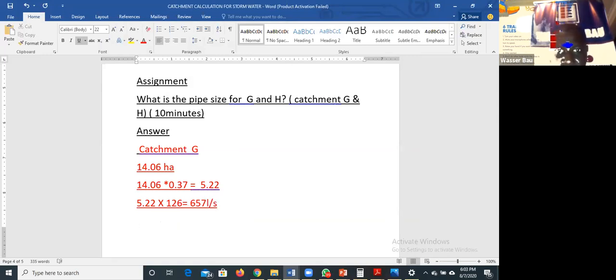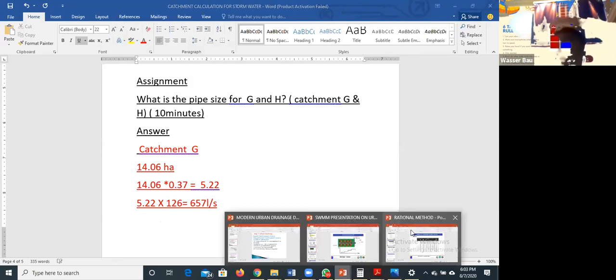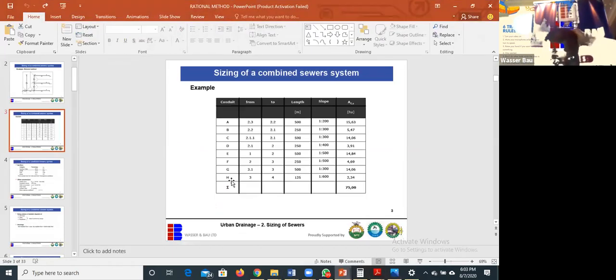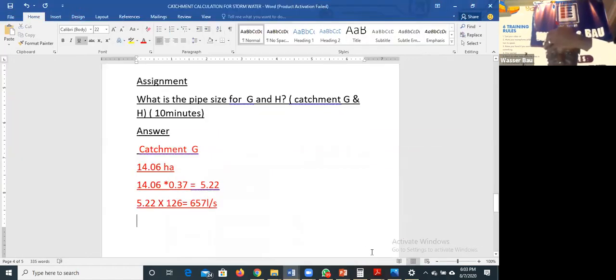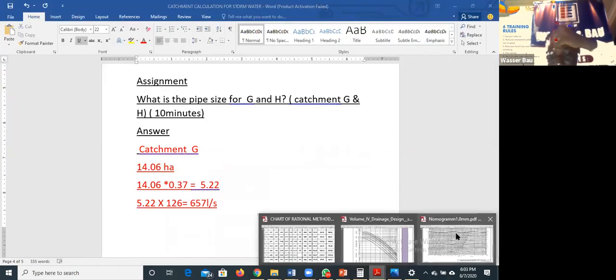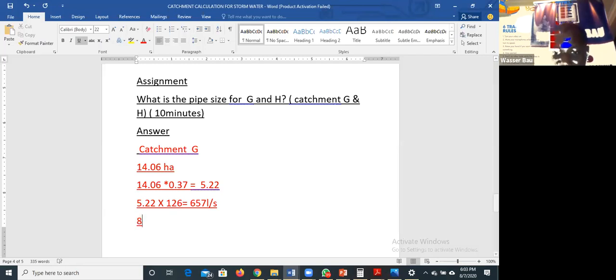So the slope of G is still 3. So I'll go to my chart now. 657 is almost like 700 against 3%. It's giving me 800. Common sense will tell me that thing should be 800.